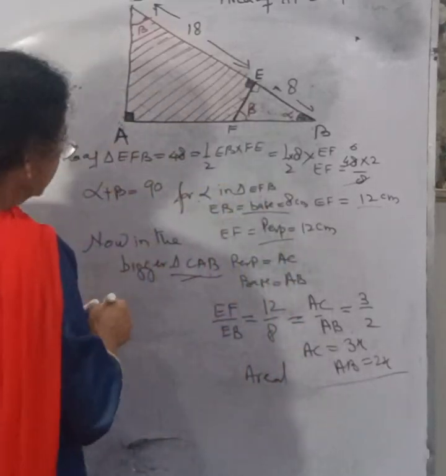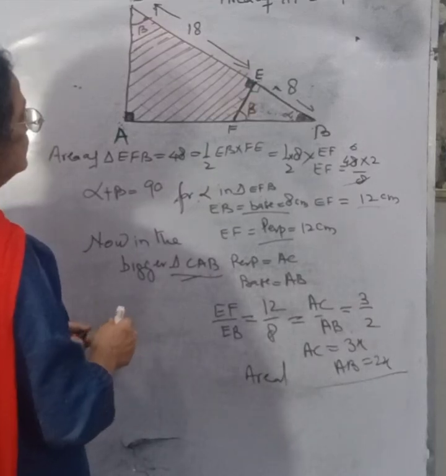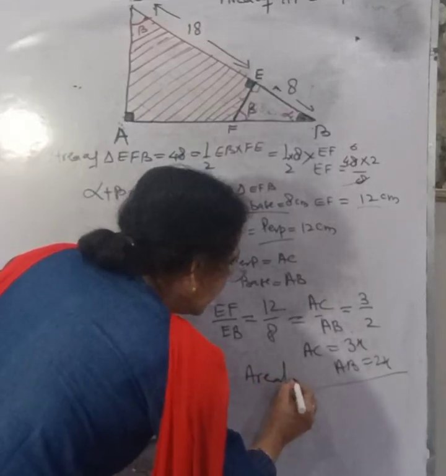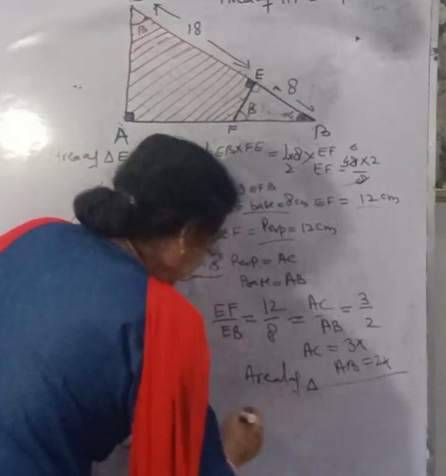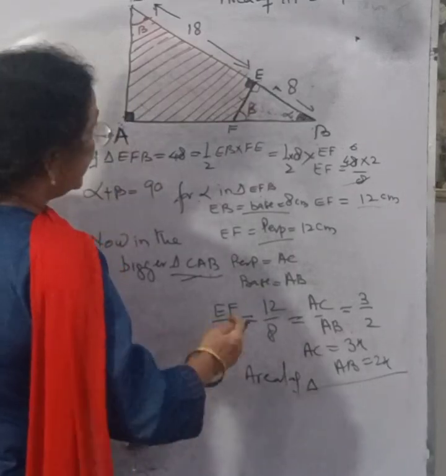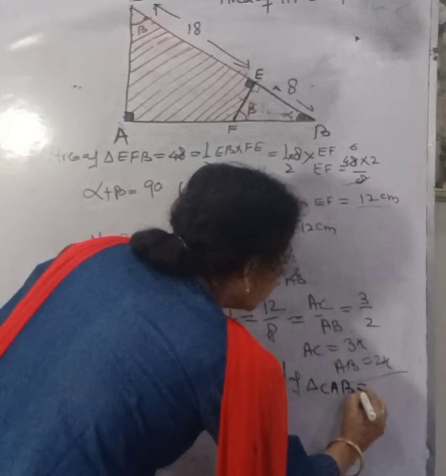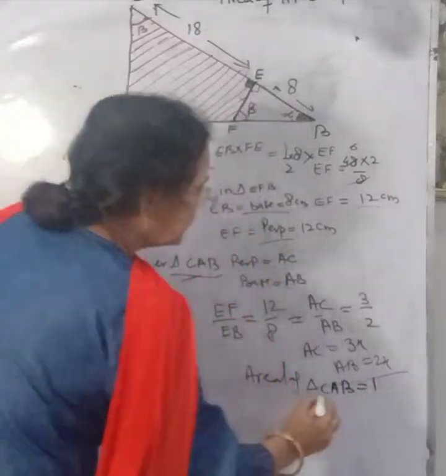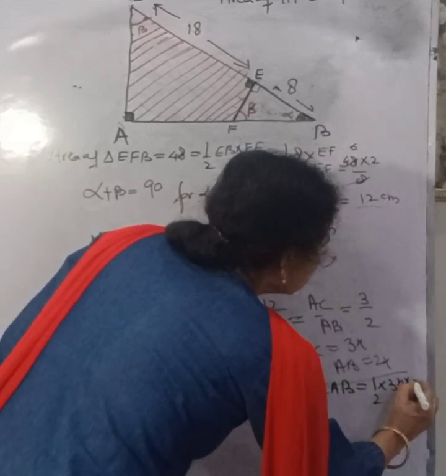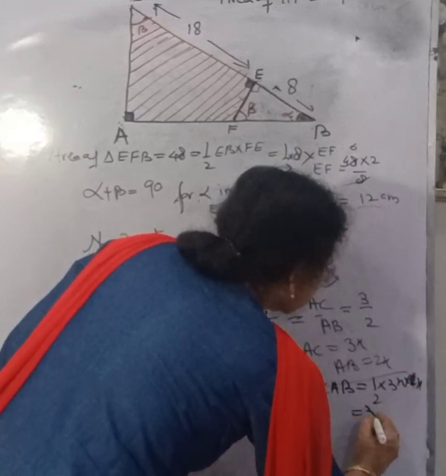Hence the area of the bigger triangle, this is CAB, will be equal to 1 by 2 into 3 times x into 2x, that is 3x square.